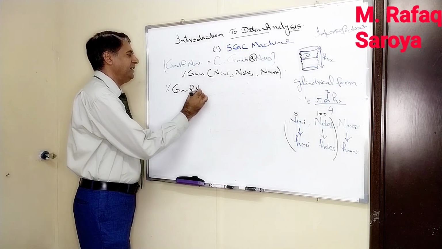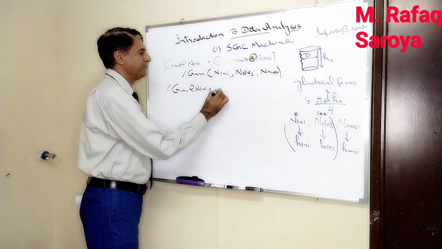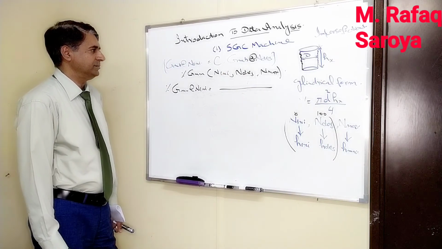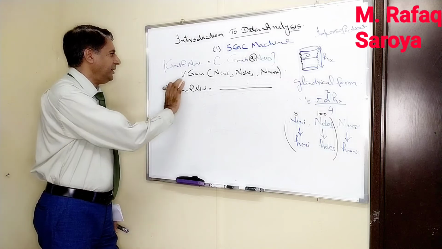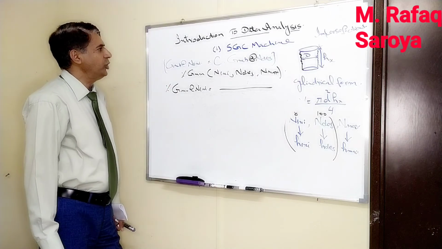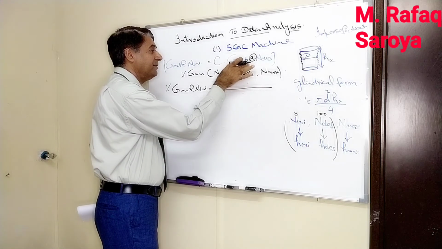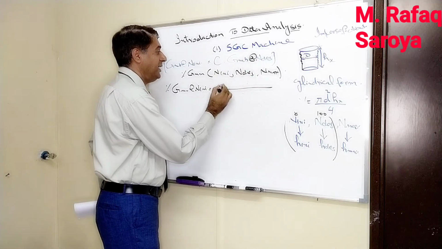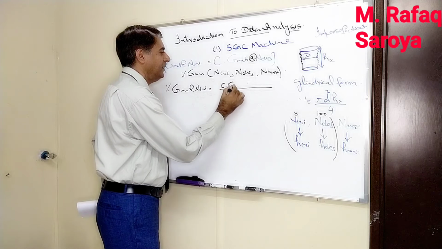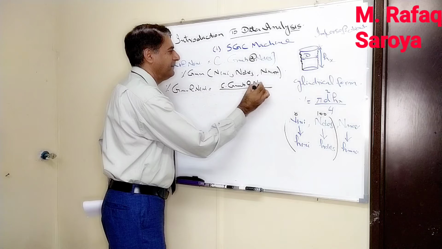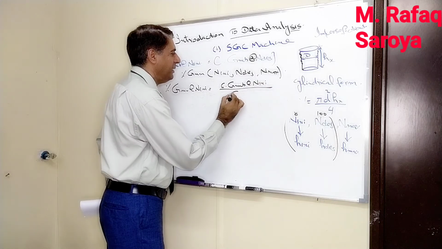At N ini, it is a ratio between this bulk specific gravity, C into GMB at N ini, over GMM.